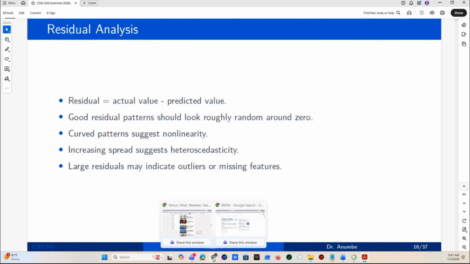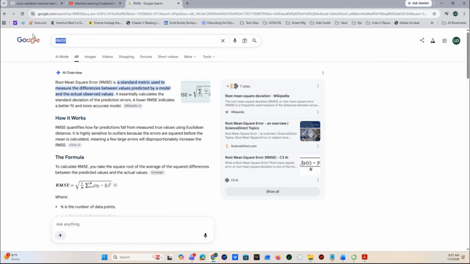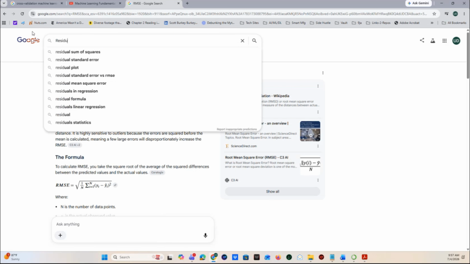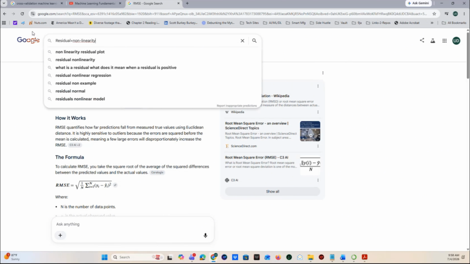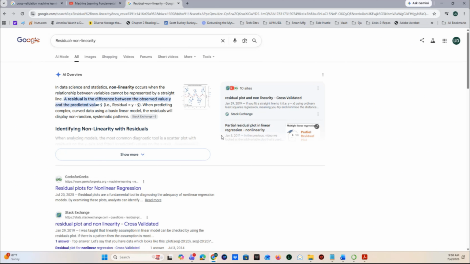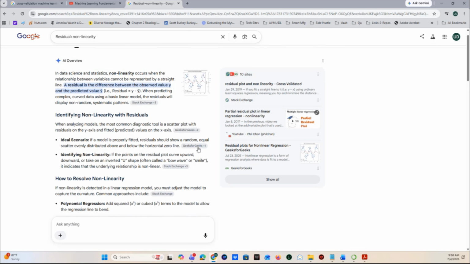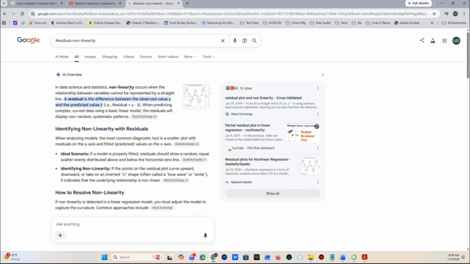So let's look at non-linearity. In data science and statistics, non-linearity occurs when the relationship between the variables cannot be represented by a straight line. A residual is the difference between the observed value y and the predicted value y prime.